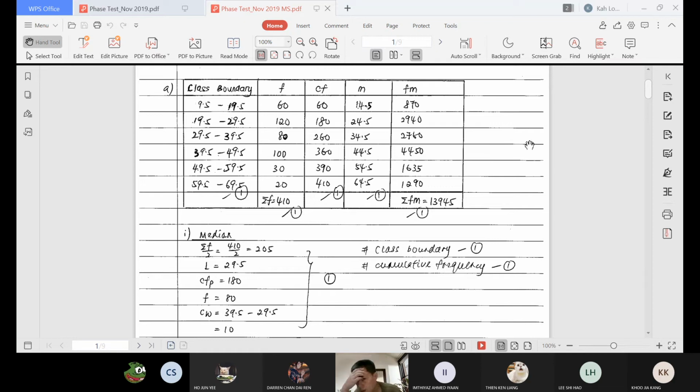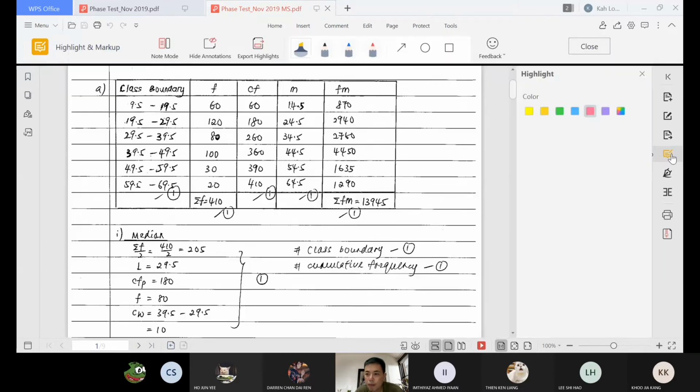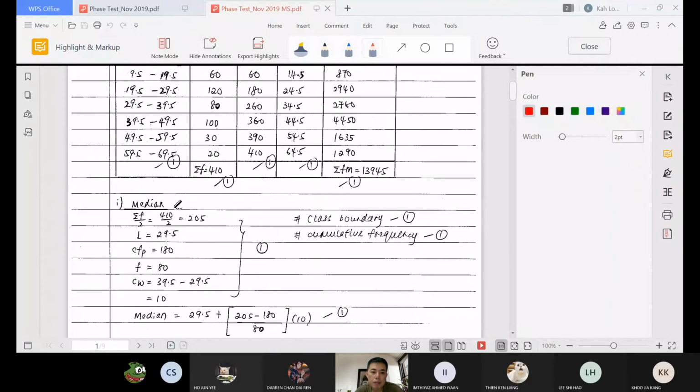Where is the median class, Darren? How to get the median class? The one with the highest frequency. No, that one is the mode class. Oh, sorry. Median class. How do you get the median class? Total frequency divided by 2.